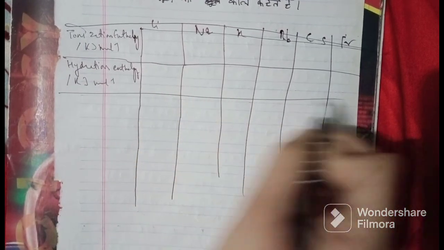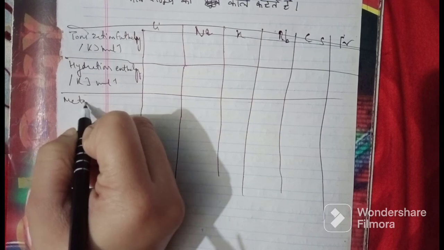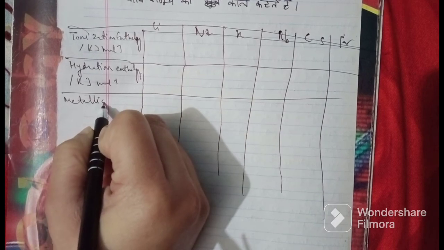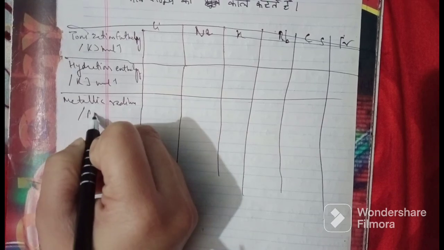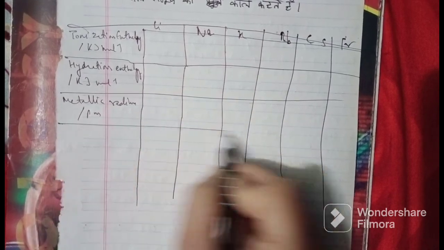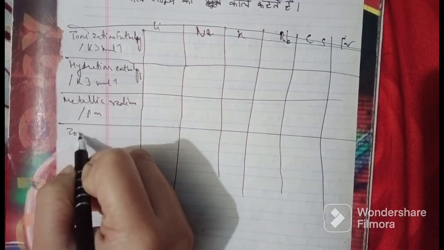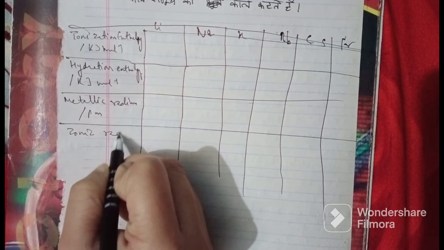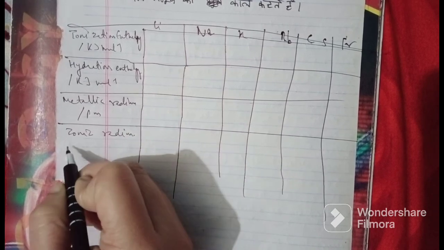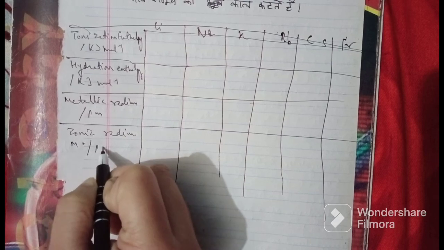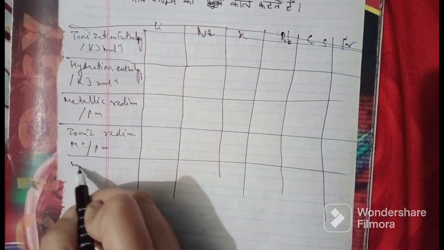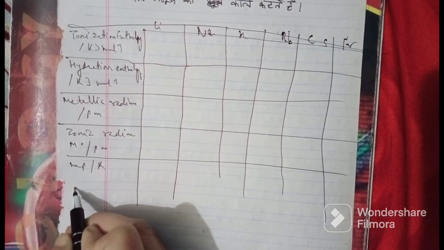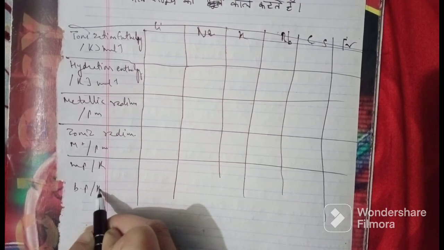Then we have metallic radius. Then ionic radius, M plus, in pm. Then melting point in Kelvin, boiling point in Kelvin.